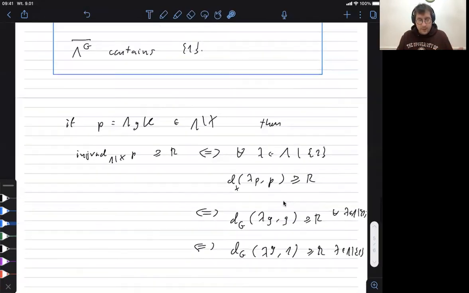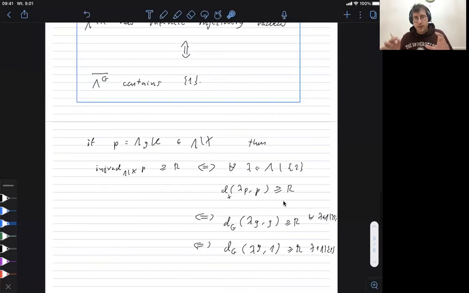And now, since this injectivity radius is supposed to be unbounded, this means that in this locally symmetric space you can find points P, with some g, where this radius is arbitrarily large. So you will find a sequence of g's such that this will grow to infinity.